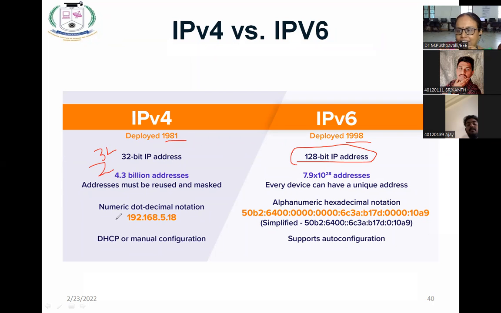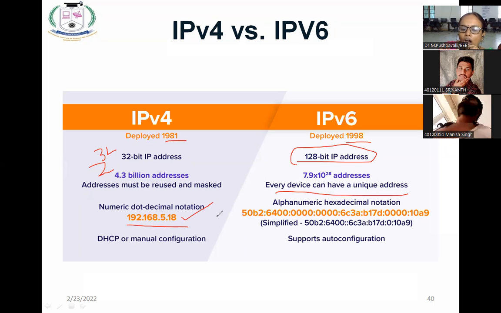We can do all kinds of reuse and masking. But because this many addresses are available, we can go with a unique address for each and every device. This is decimal notation, and this is alphanumeric hexadecimal notation.